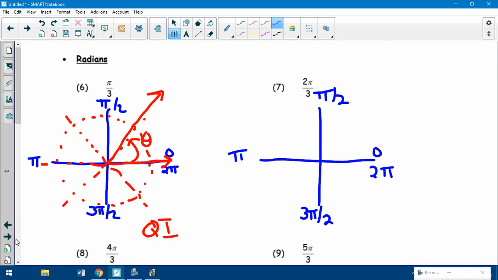Okay, so the pizza slice way is all fine and good, and you can definitely use that if you're visual like that. I like numbers better, so this is how I do it. This is how I'm always going to do it. I notice that this is over 3. So I need to think of in terms of 3's. So what's pi in terms of something over 3?